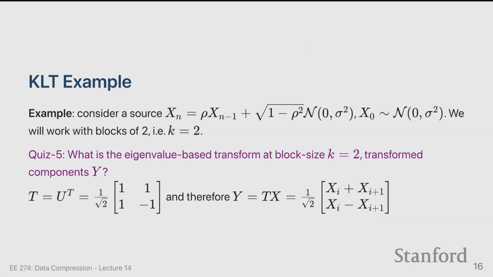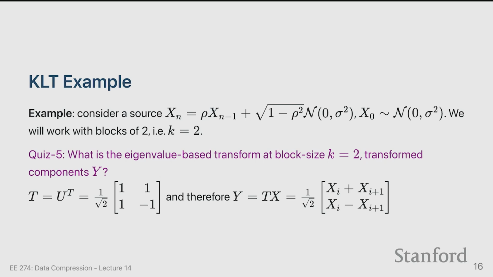Can you guys see this? Yeah, okay. So again, your transform matrix looks like this, what we worked out in the last slide. Therefore, your transformed components are just T times X. You multiply this with X, and you can show that it looks like this. So what is this linear transform doing at the end of the day?